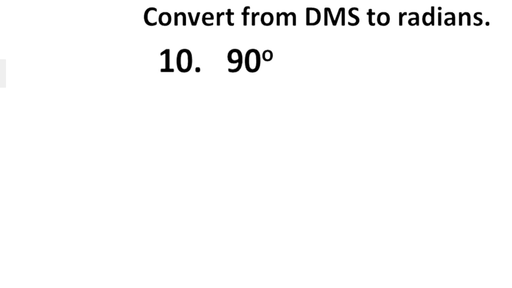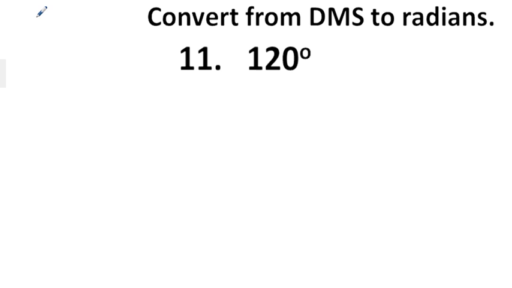Let's go on to problem 11. Problem 11, same type of problem as 9. We have our 120 degrees. We want to convert that 120 degrees into radians, so we multiply it by pi radians over 180 degrees. And as we did in problem number 9, degrees over degrees cancel each other.